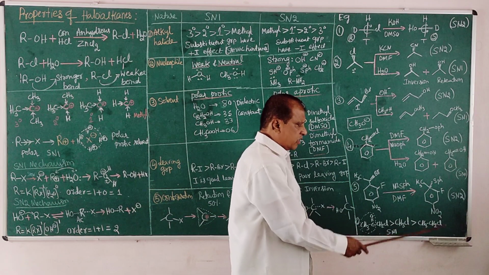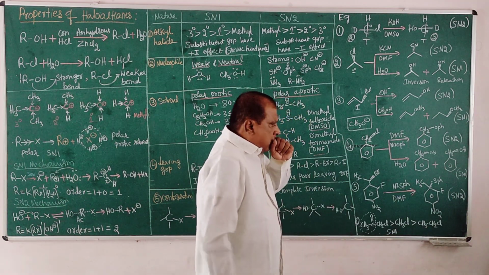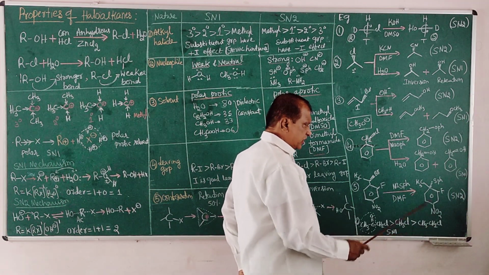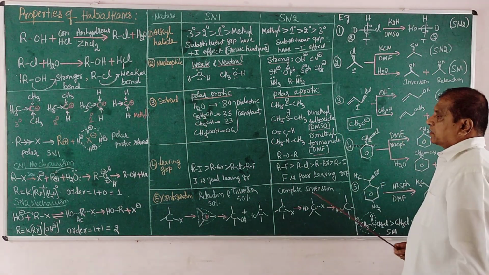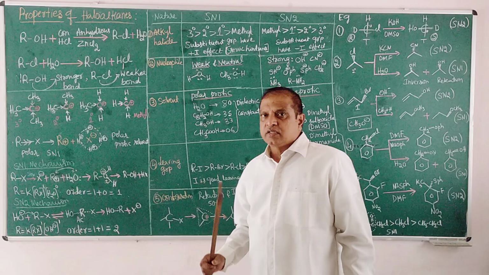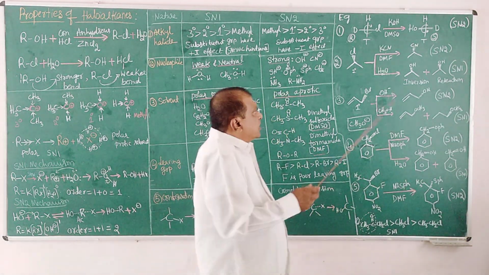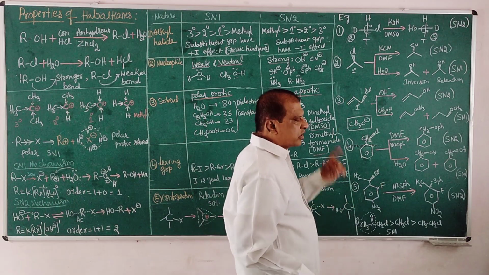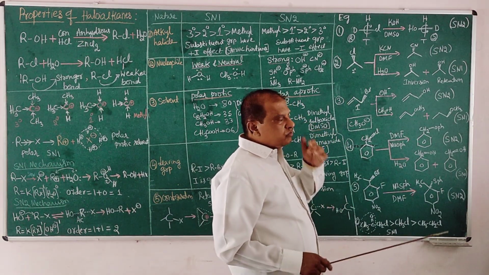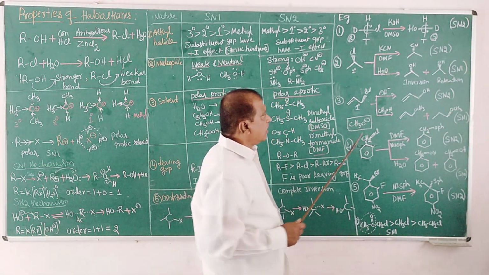This becomes secondary, and a primary carbon will be CH2. So these are the examples under this. In all these cases there is only one chiral carbon, a carbon with four different groups.